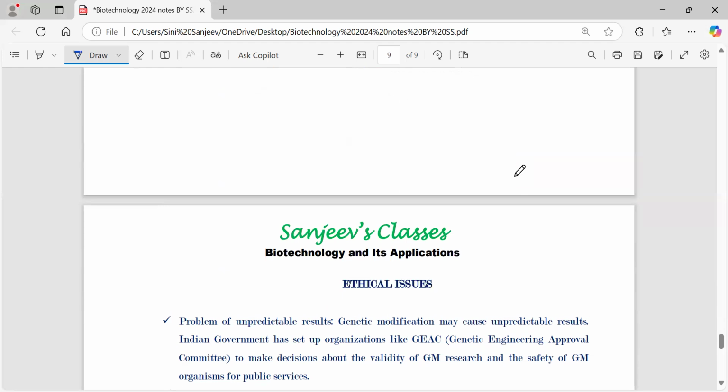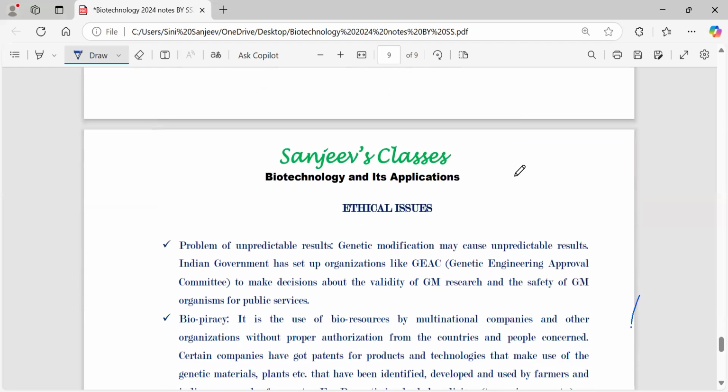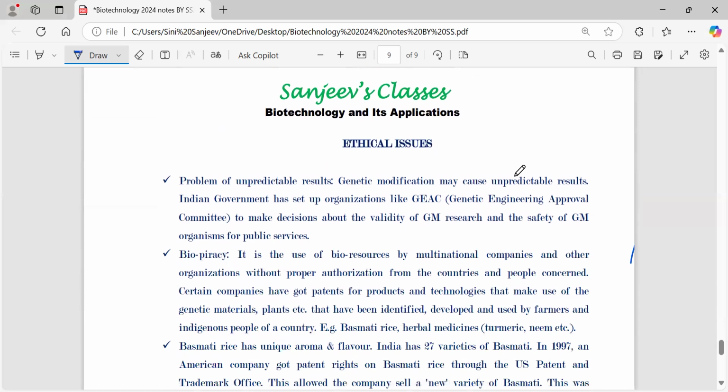In the same way, we have the last topic in this chapter, which is ethical issues. Ethical issues means what? Generally, with any kind of vaccine, you may have heard during the corona times, people used to get scared: if I take the vaccine, what will happen to me? Whether I will survive or not, whether it will reduce the corona symptoms, nobody knows.